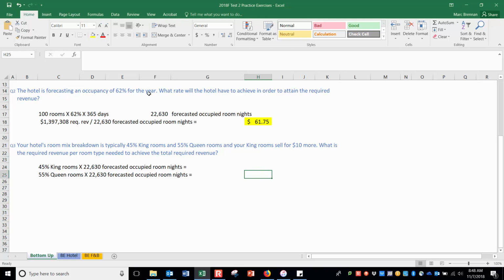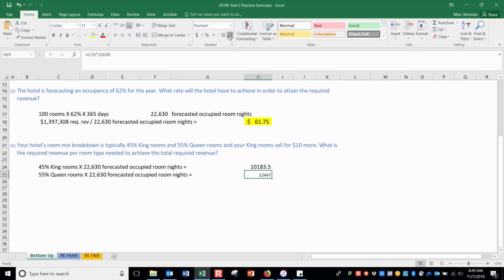So I want to know what the breakdown will likely be. Okay, so 0.45 times 22,630. And then I would do the same, 0.55 times 22,630.